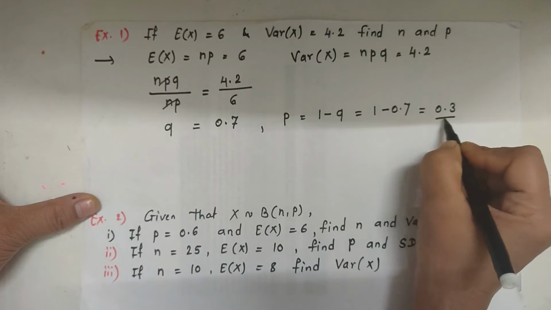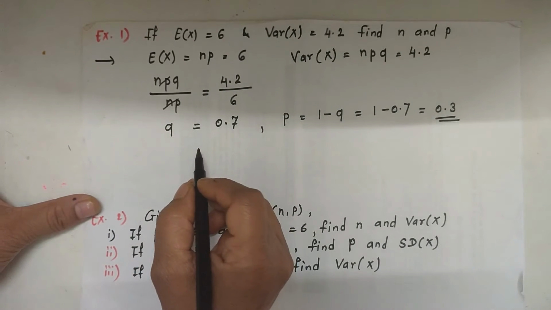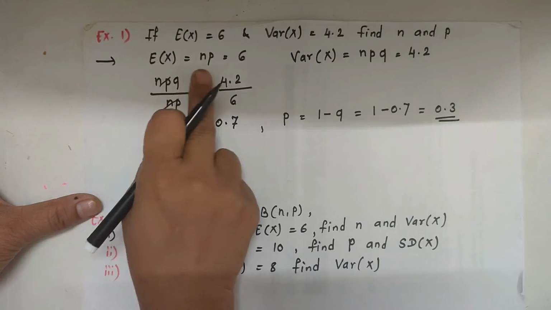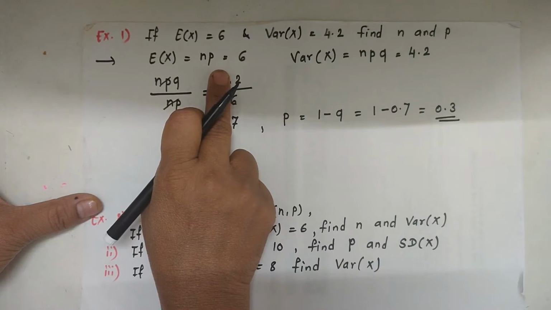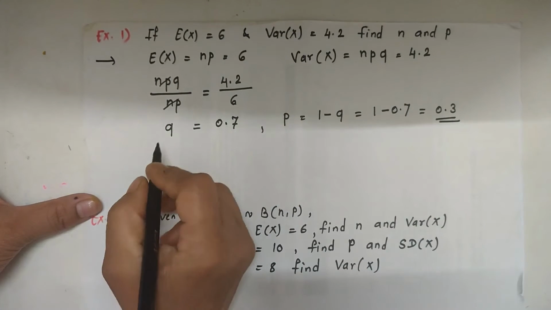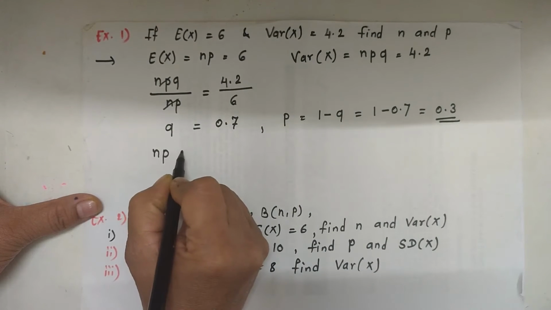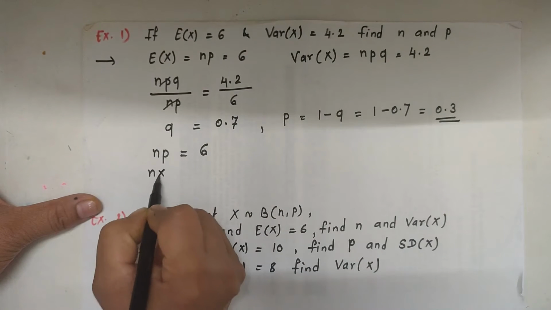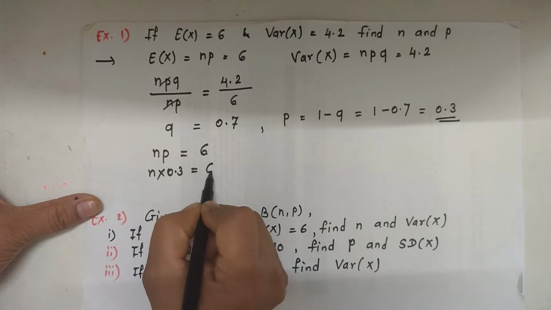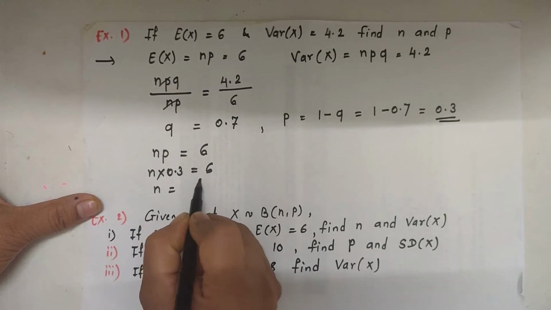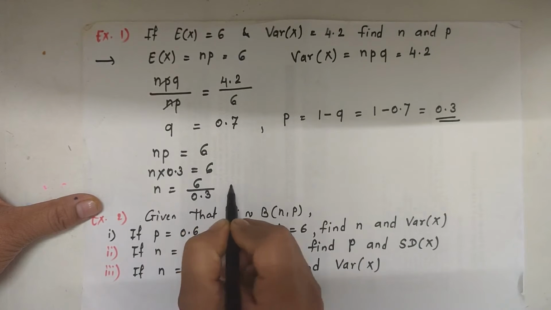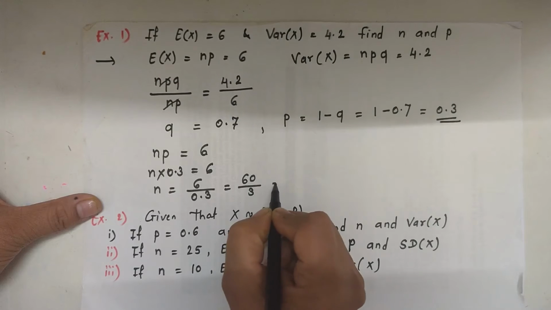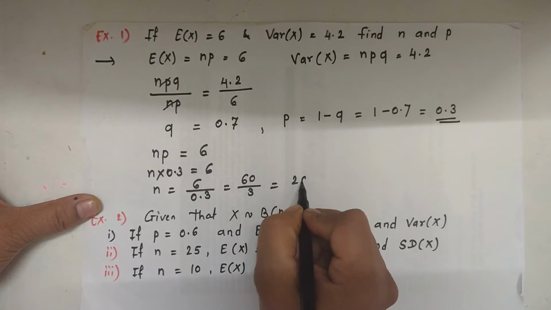Here p is equal to 0.3, and the value of n can be found using the value of the mean, that is, the expected value. We know that the expected value np is equal to 6, and by substituting the value of p as 0.3, we get n is equal to 6 by 0.3, that is, 60 by 3, which is equal to 20.